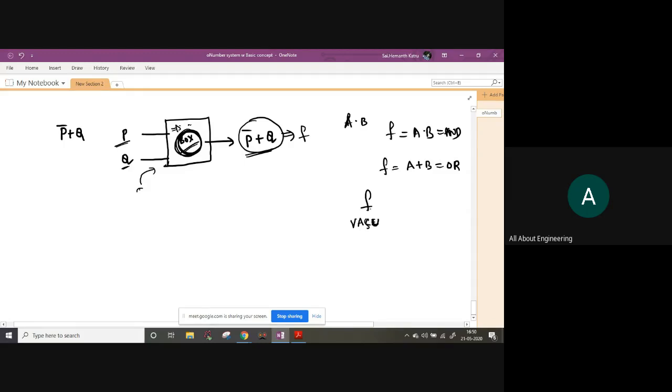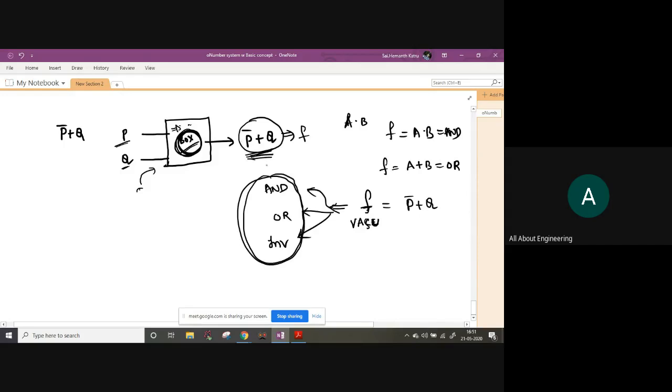I will design a new gate with the functionality of P bar plus Q, and I will check if I can attain all these three different operations: AND operation, OR operation, and inversion. Now, if I succeed in attaining all these three operations using this particular functionality, then I can call my gate, the Vasu gate, a universal gate.